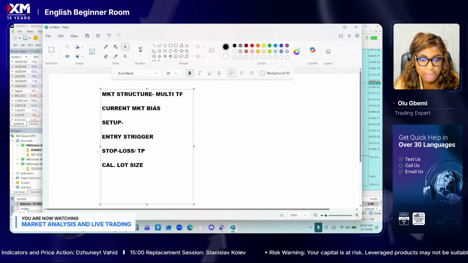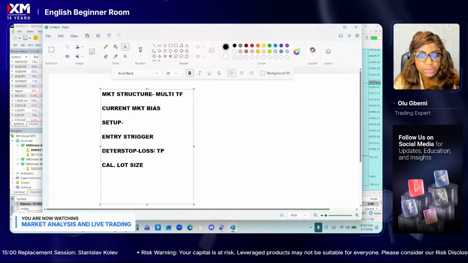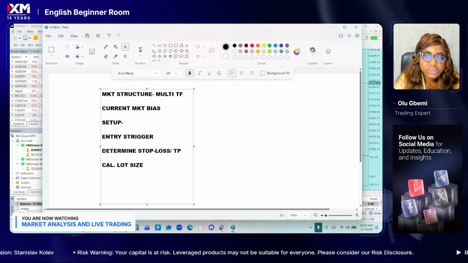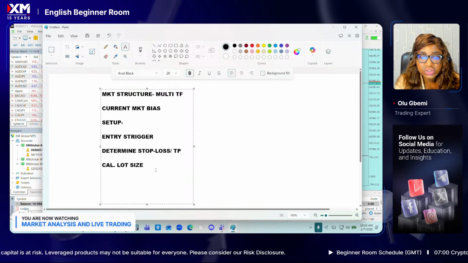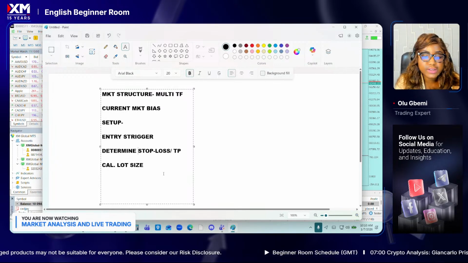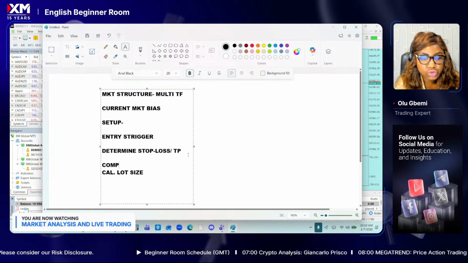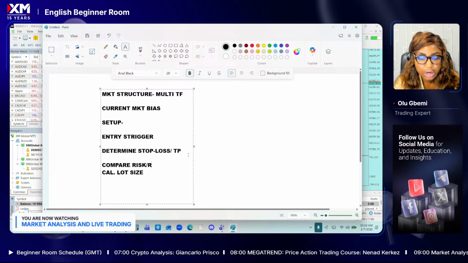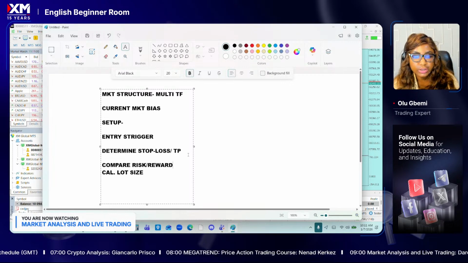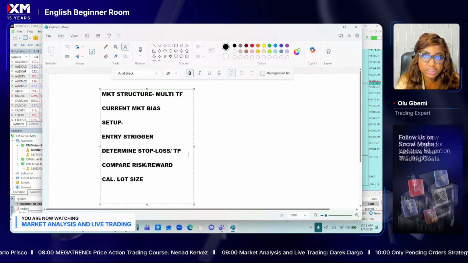I'm going to determine the level where I'm going to place my stop loss and my take profit. And once that is done, it helps me to know the risk to reward. So I compare risk to reward. So this is like a full breakdown of a simple strategy that also includes risk management inside of it.